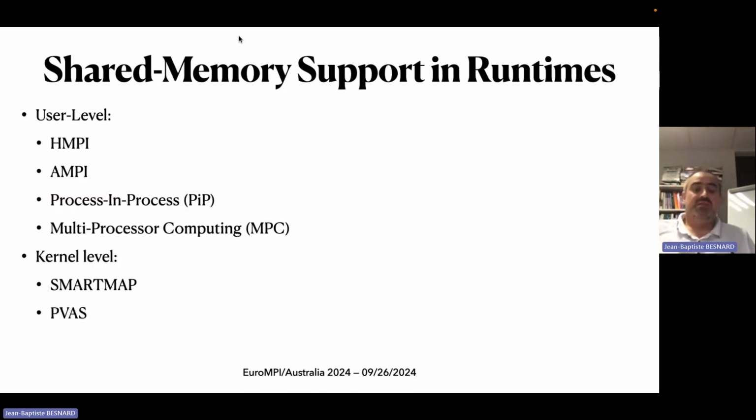On the runtime side, because we were speaking of the MPI support, there are already several runtimes and approaches proposing to run MPI processes in something other than Unix processes.